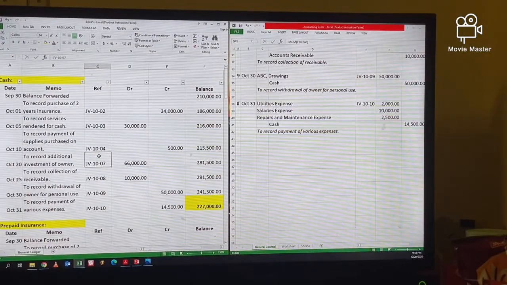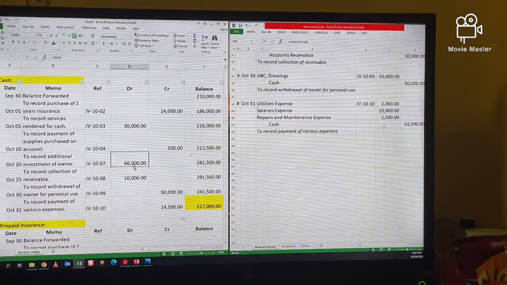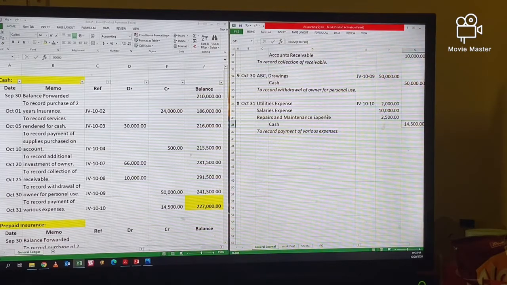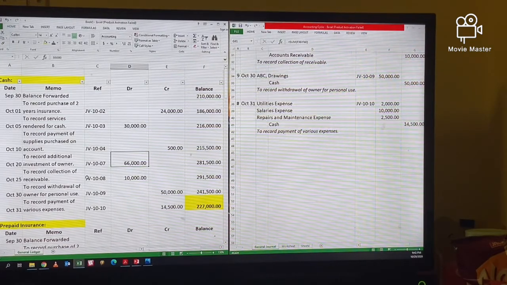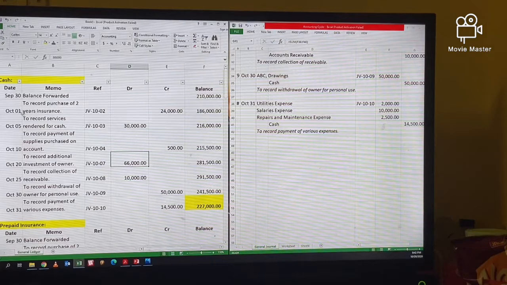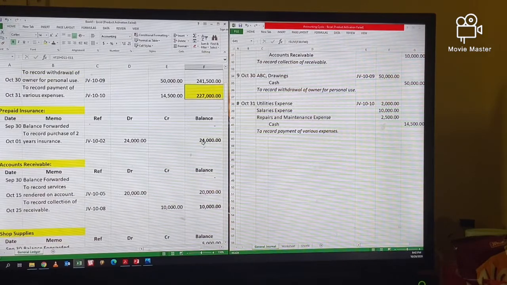Okay, so now we have finished our transactions, transferring them from journals to our general ledger. So now we have ending balances as of October 31 in our general ledger. For cash, we have 227,000.